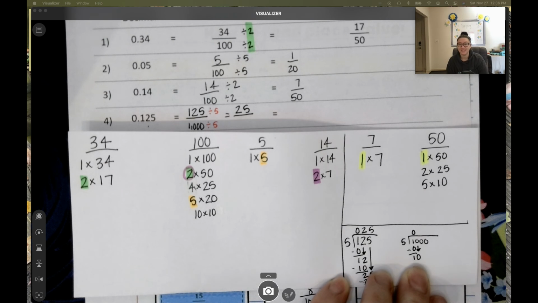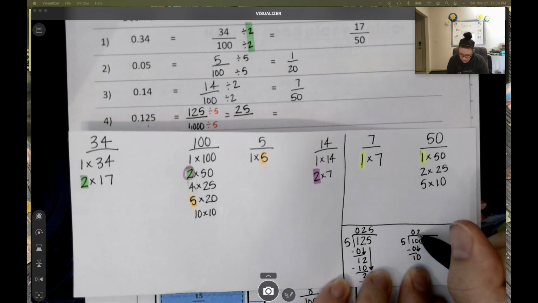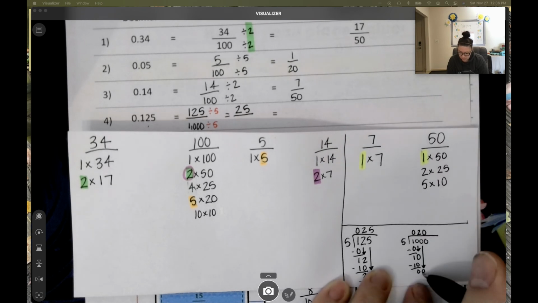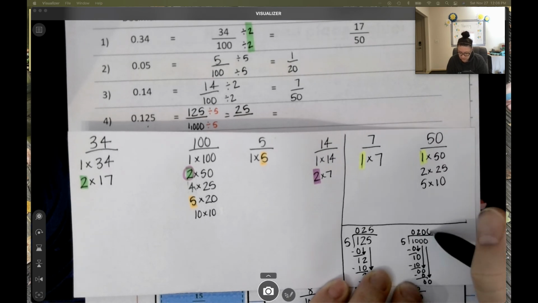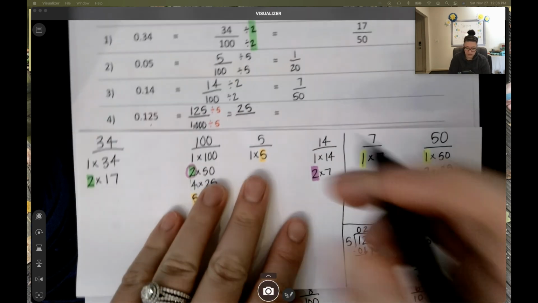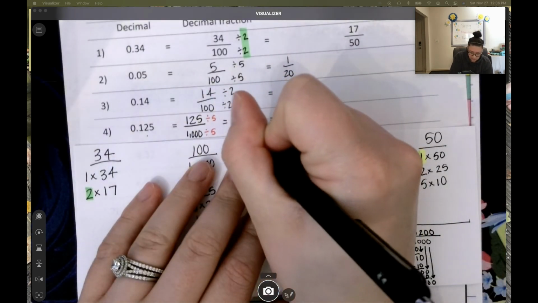Yep. How many times? 2. And then we have 5 into 0, 0 times. 5 into another 0, 0 times. So we get 200 for our denominator when we divide here.